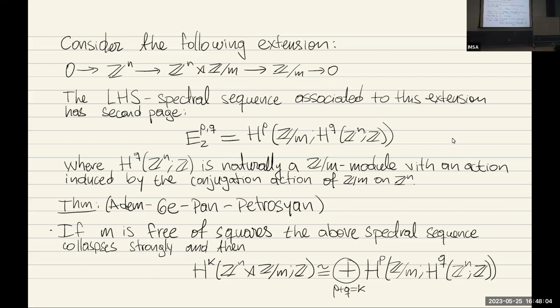The group cohomology of these groups is isomorphic to this direct sum of the group cohomology of the cyclic group with coefficients in the group cohomology of the integer numbers with the action. Here we have a non-trivial action of Z over m on this cohomology via the matrix group.